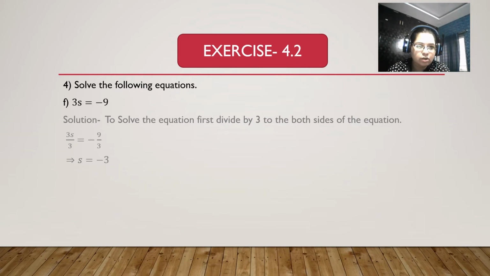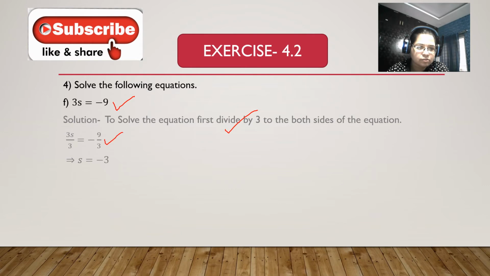Now we will solve part f. 3s equal to minus 9. This is the equation given and we have to solve for the value of the variable s. To solve the equation, first we have to divide both sides by 3. We get 3s divided by 3 equal to minus 9 divided by 3.